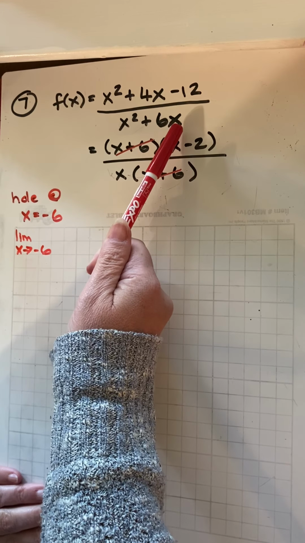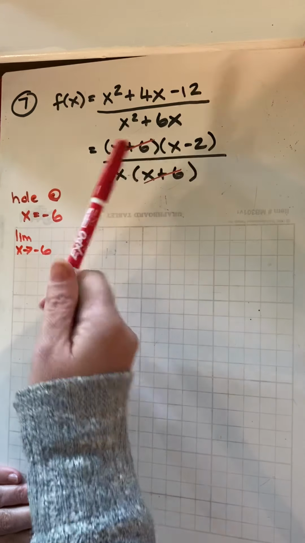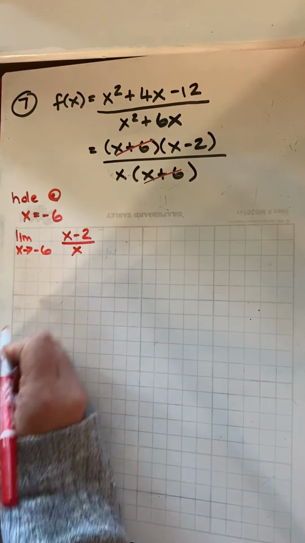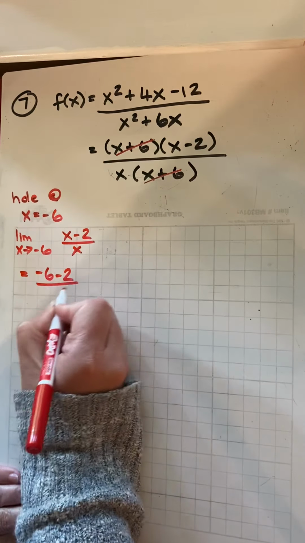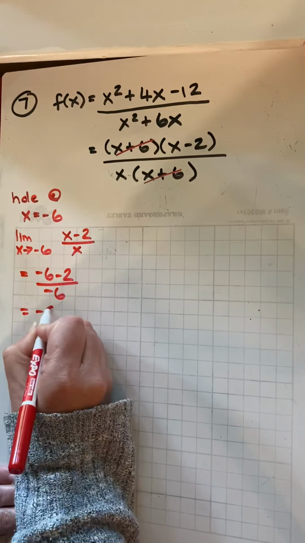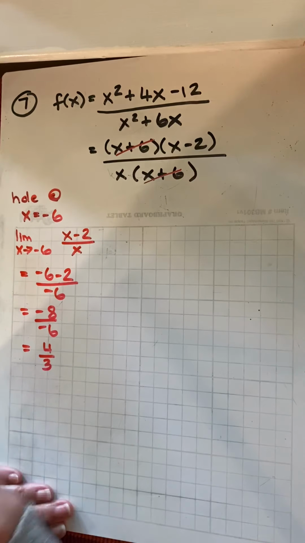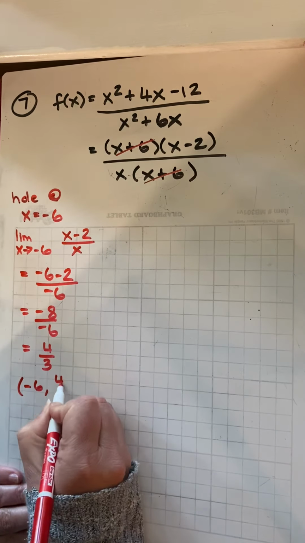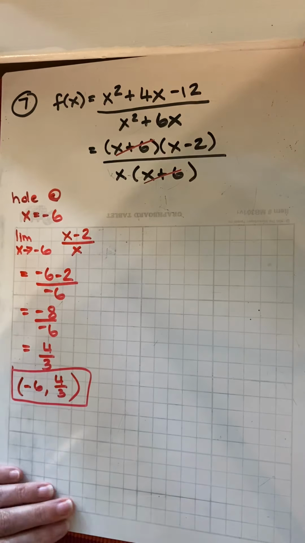And so the strategy that we use to simplify that is to factor first, cancel, and then try to find the limit of the new function, which at this point now we can substitute. So you would get (-6 - 2) over -6, which would simplify to be 4/3. So that tells us that we have a hole at (-6, 4/3).